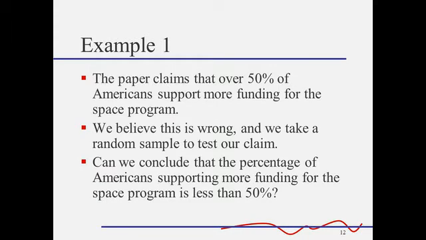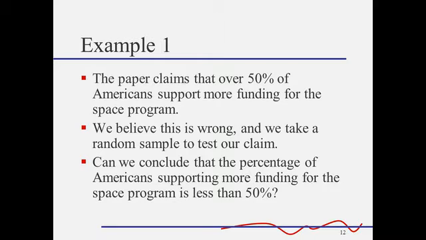There is an online newspaper that shall remain nameless for the purpose of a YouTube video that recently claimed over 50% of Americans want more funding for our space program. I personally believe that that is incorrect, and so we want to take a random sample to test our claim that that percentage is actually less than 50%.